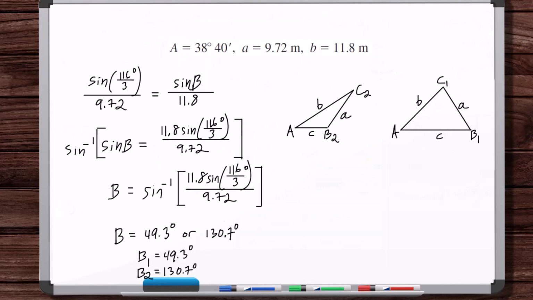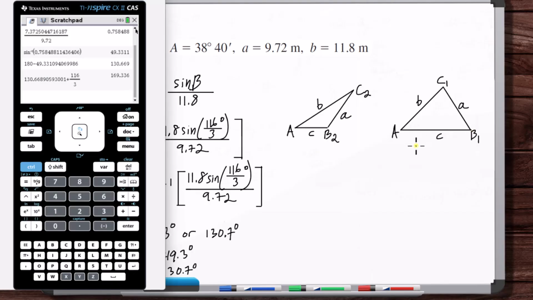So, okay, C1 is going to be, let's see, we can use B1.